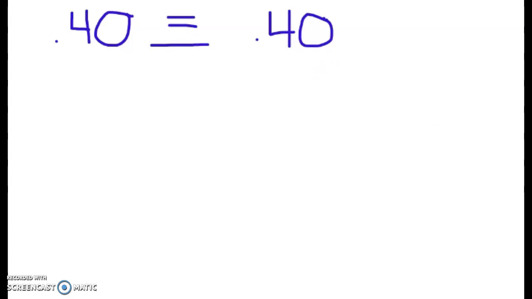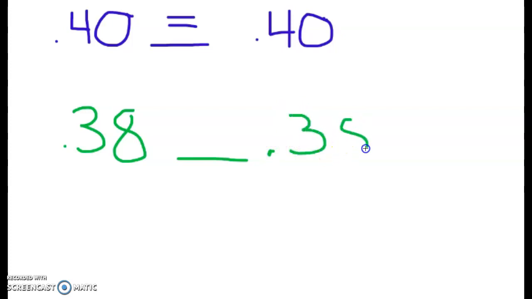Now, what if I have something like 38/100 compared to 380/1000? Well, the same idea still applies. 38/100.